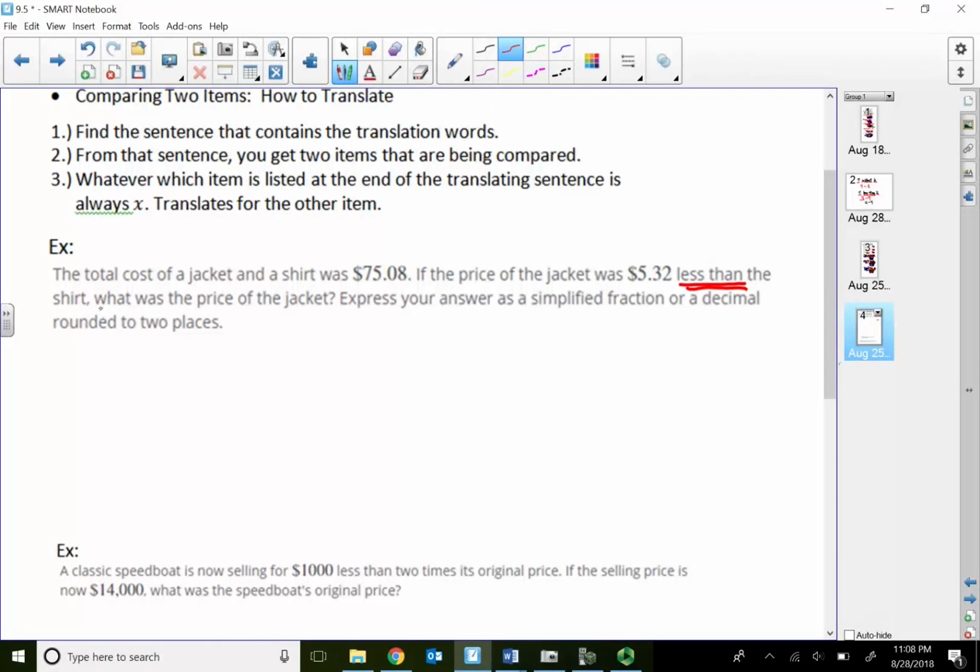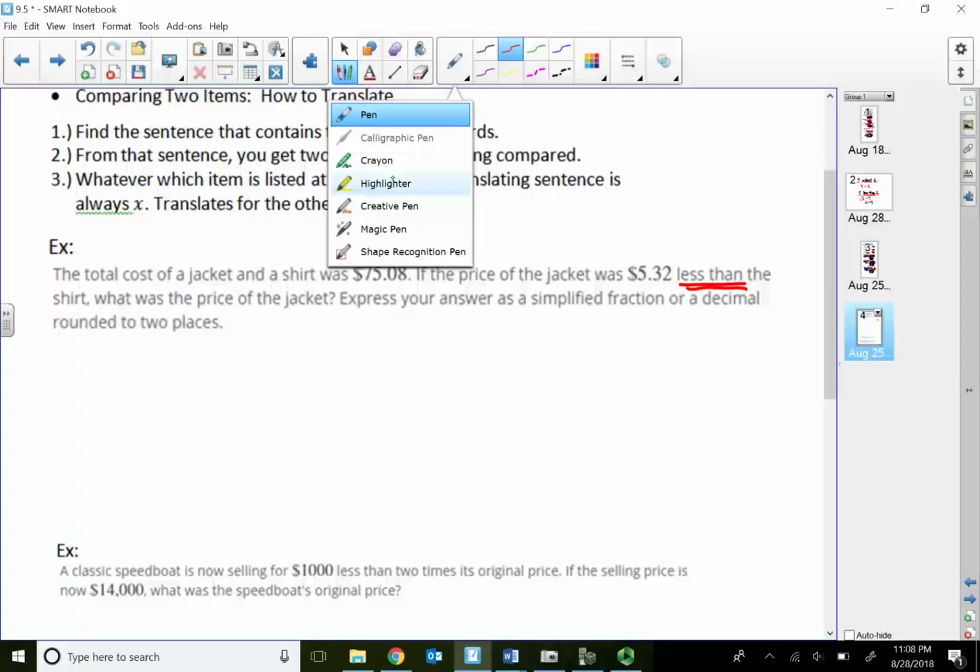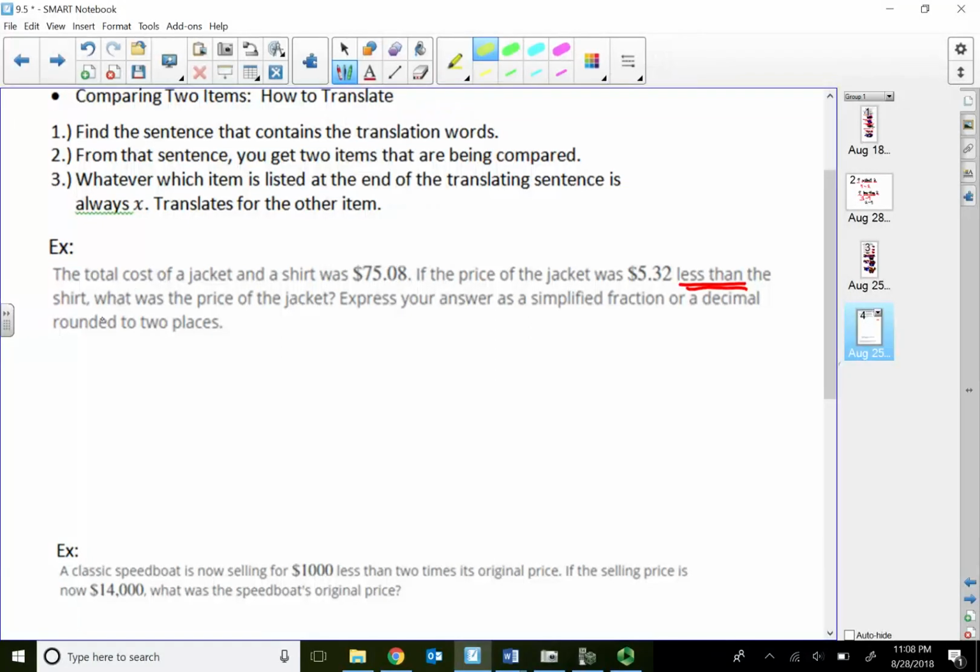The price of the jacket was $5.32 less than the shirt. See, after the word shirt, there's a comma. The comma is used to separate the sentence I need to translate from the question itself. Because if you keep on reading to the question mark, this sentence is actually asking you what you need to find. What was the price of the jacket? This phrase is asking you what you need to look for in this problem.